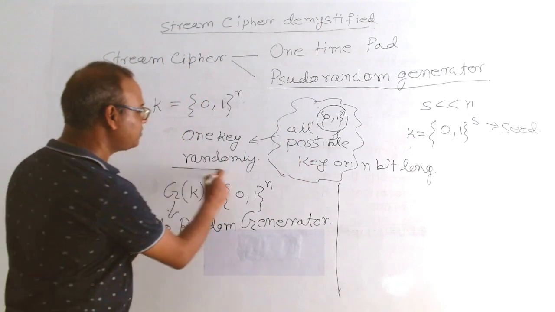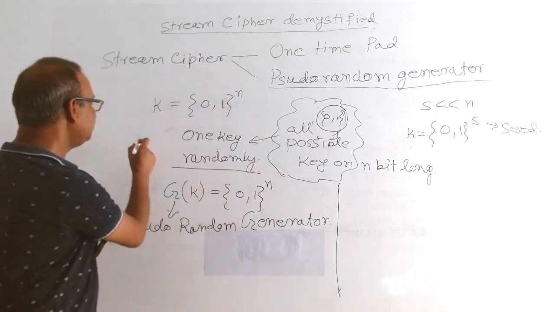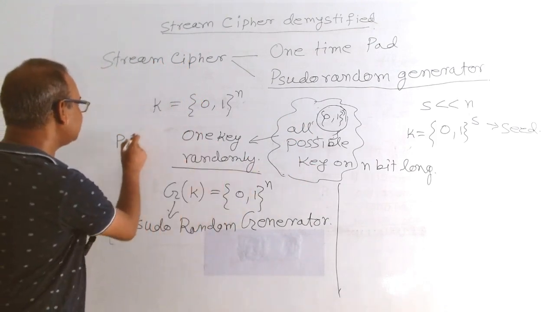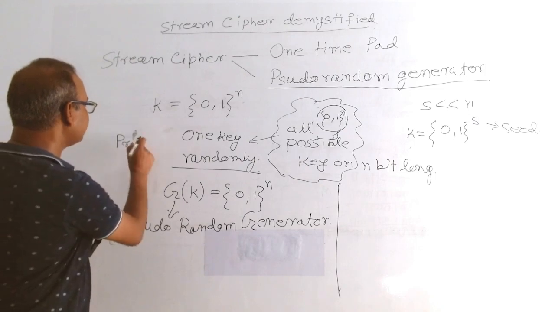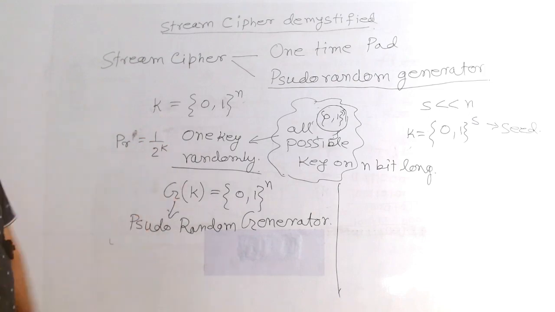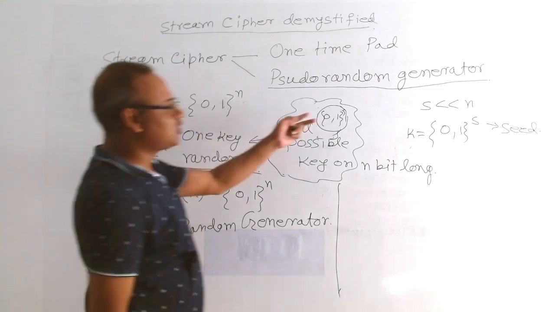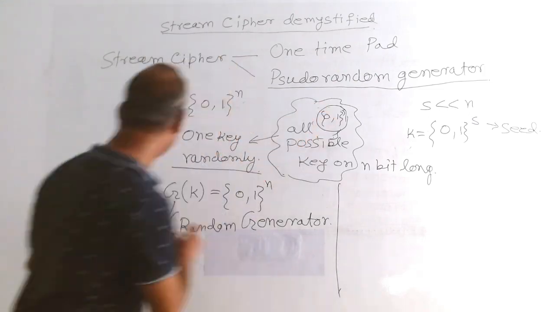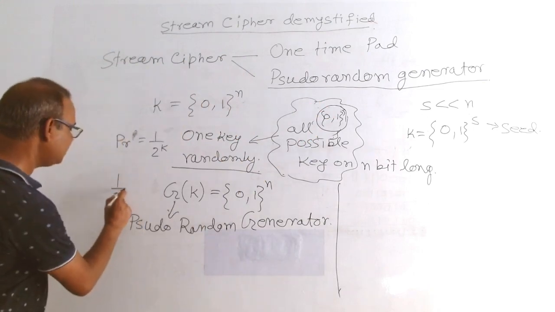For random number, probability of drawing any number is 1 by 2 to the power n. But in case of pseudo random generator, probability of drawing a key is 1 by 2 to the power s.